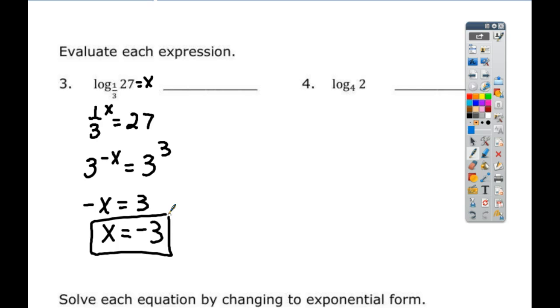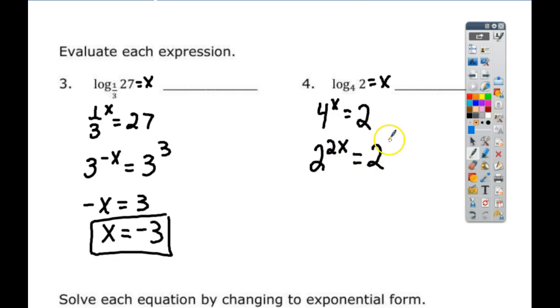So number 4, how do I start? And then circle. So 4 to the x equals 2. So what base am I going to use? 2. So 2 to the what power equals 4? 2. So this becomes 2 to the 2x equals 2.